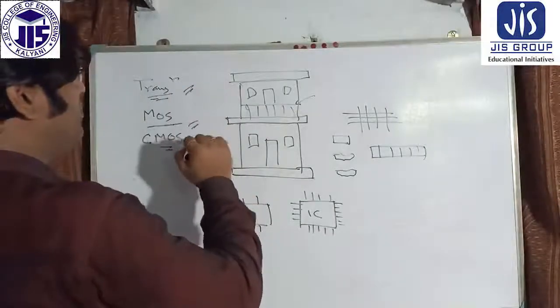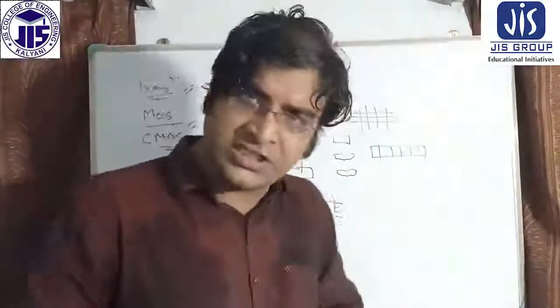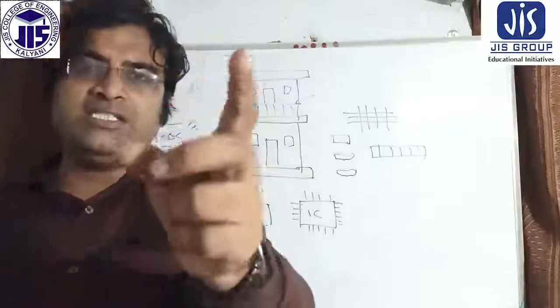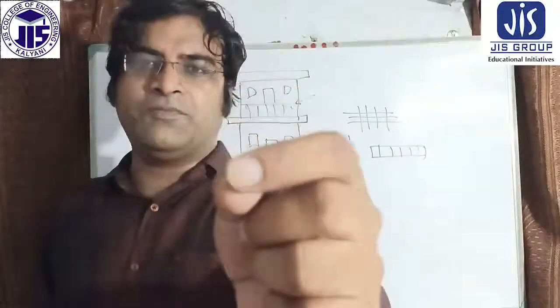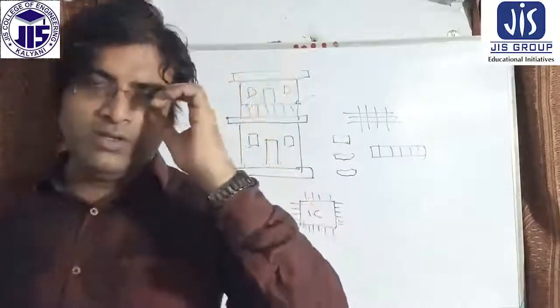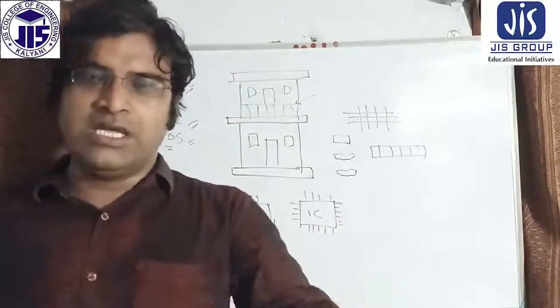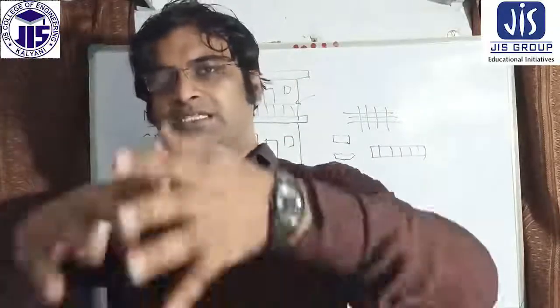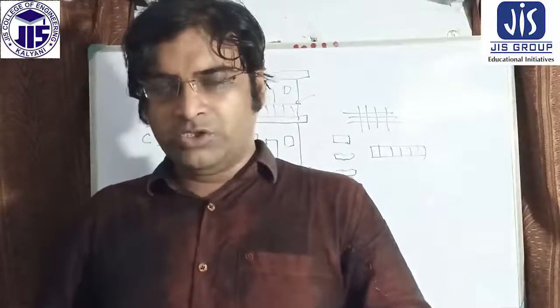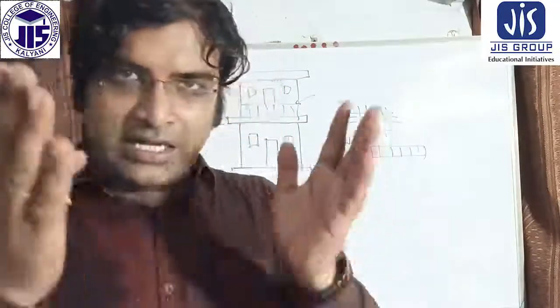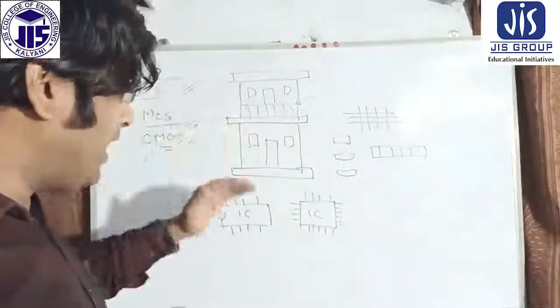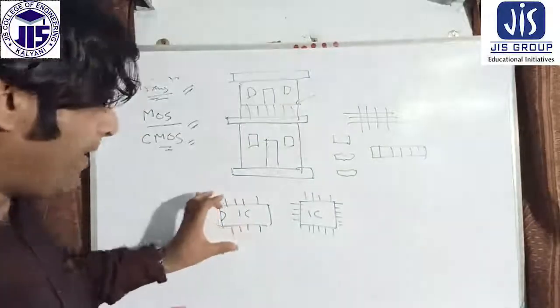So we know that the basic unit of the operational amplifier is the transistor, or the MOS or CMOS, because the operational amplifier is constructed using MOS and CMOS. So this is the basic of the operational amplifier, where the IC is the op-amp.